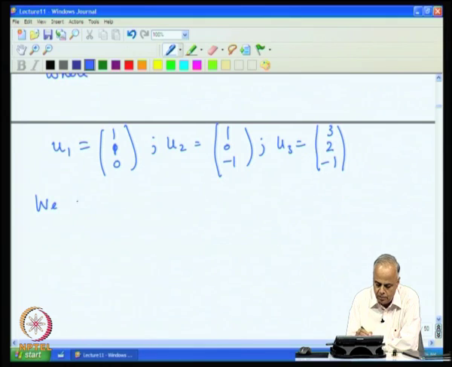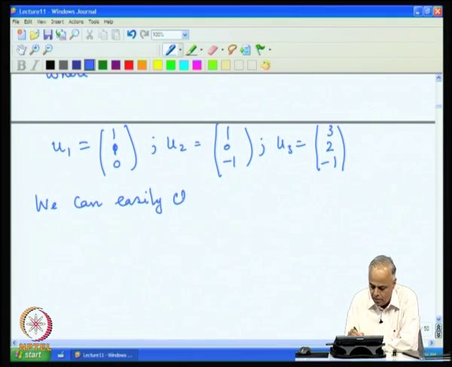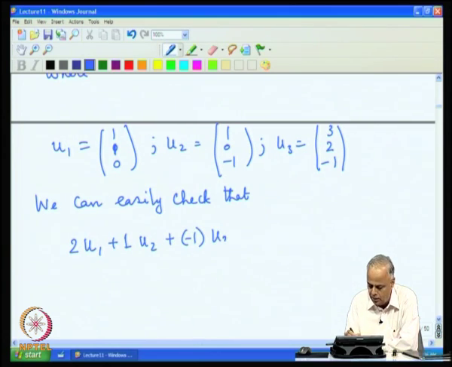We can easily check, and we had done it in the last lecture, that 2 u1 plus 1 u2 plus minus 1 u3 gives us the 0 vector.